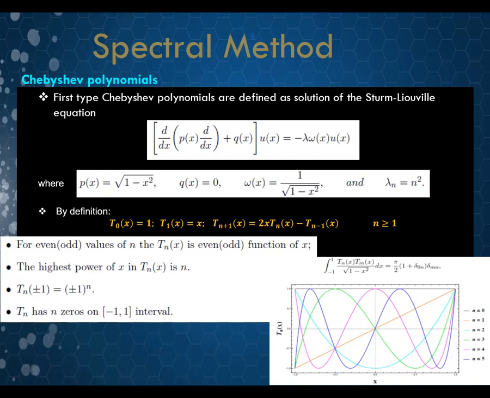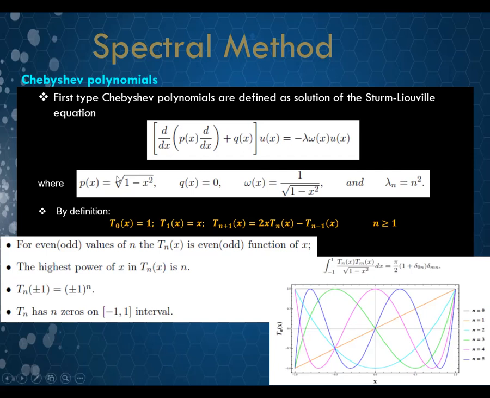Among many polynomials you can select, the Fourier and Chebyshev are usually used. For problems where the unknown function satisfies a periodic boundary condition, you usually use the Fourier series for the unknown function, and for other problems, mostly the Chebyshev polynomials.